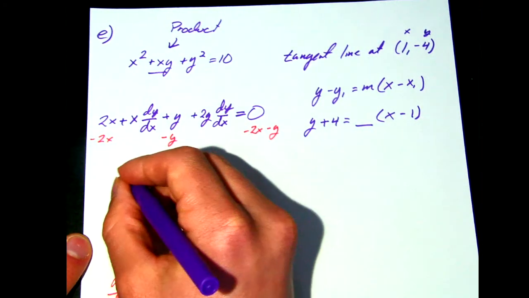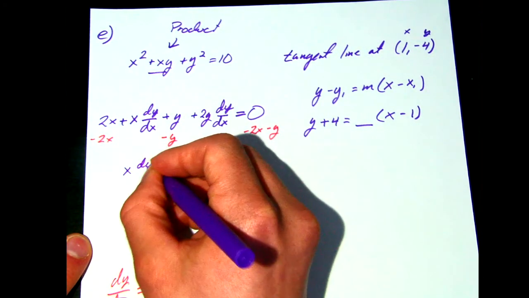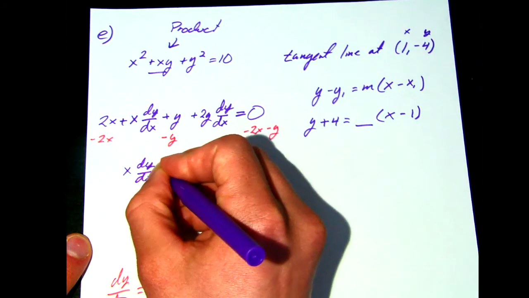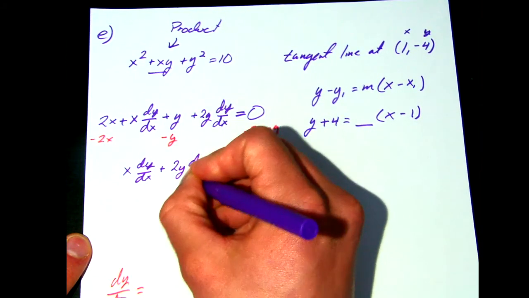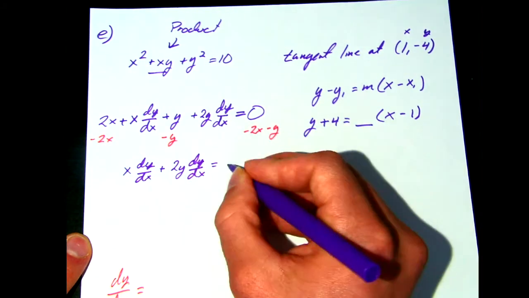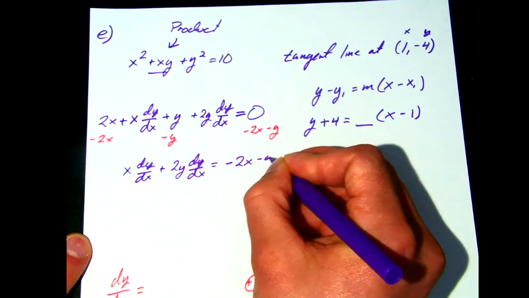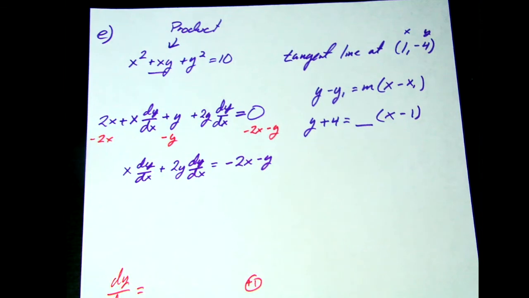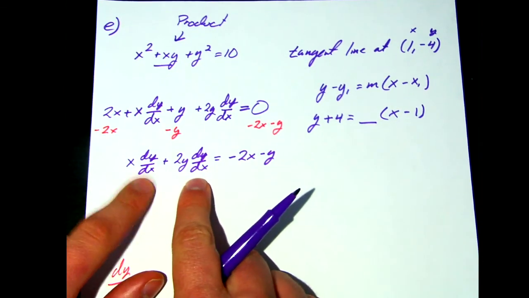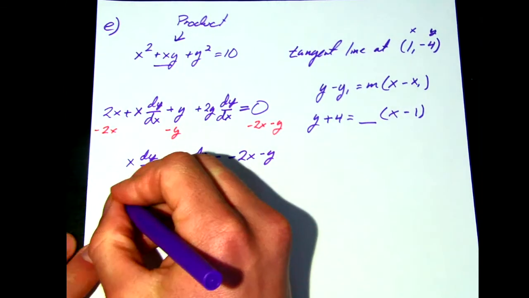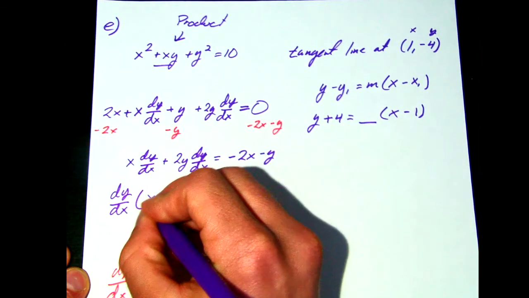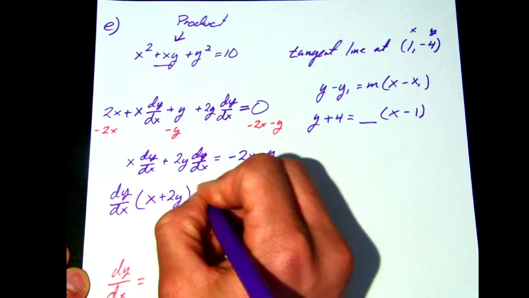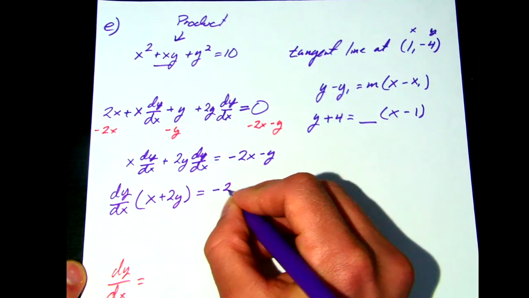So I get x dy dx plus 2y dy dx equals -2x minus y. Now, both of these things have a dy dx, so I can factor it out. I can do dy dx times x plus 2y equals -2x minus y.